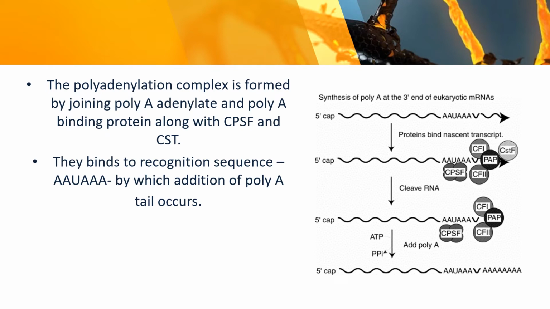With its help, around 200 to 250 nucleotides of poly-A tail join to the premature mRNA. This stabilizes the mRNA, provides resistance to ribonuclease degradation, and helps in transport of the mRNA from the nuclear membrane into the cytoplasm for the further process of translation.